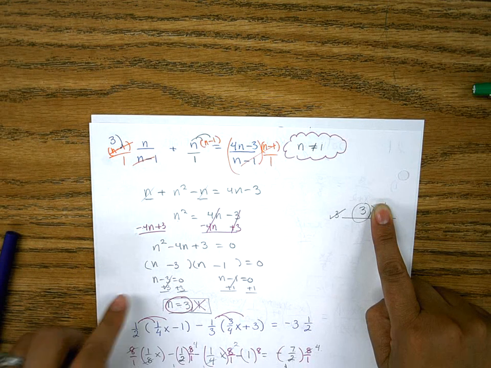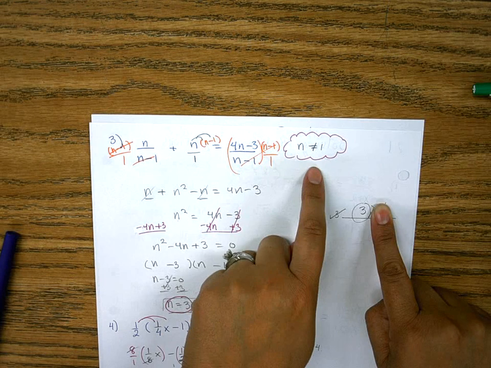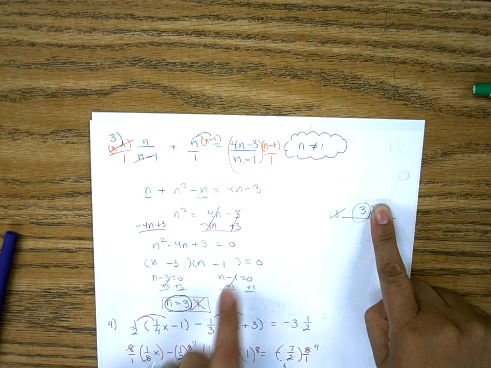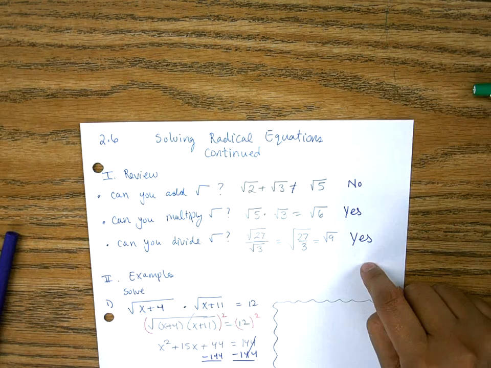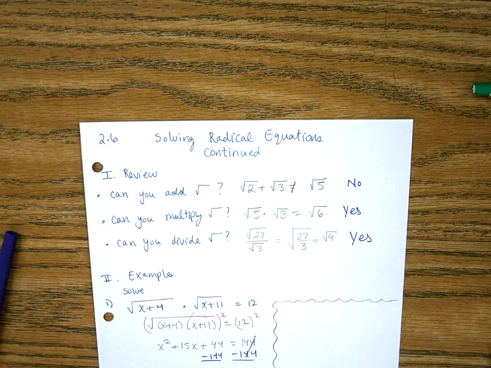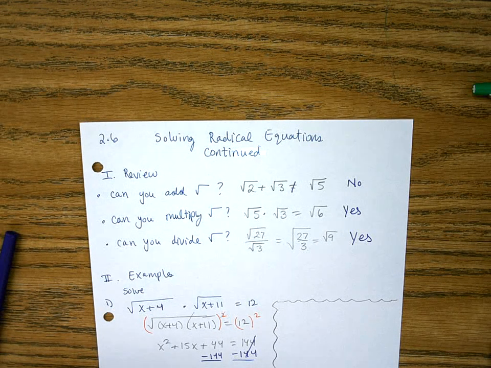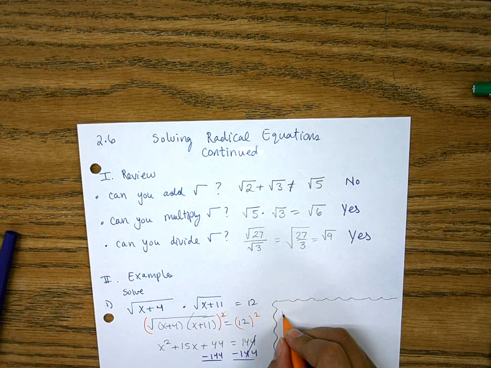So on this one, you're not necessarily checking by plugging it in. You can, but it's not necessary. What you're checking it to is your restriction. So that's where extraneous solutions are going to happen here. On this one, you do actually have to check by plugging back in to the original problem. All right, so we're going to do that now.